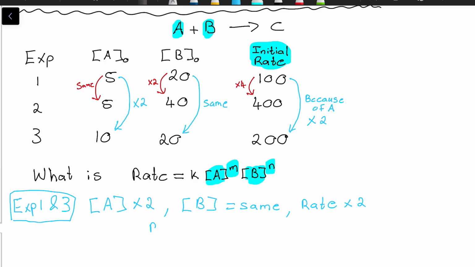That means the rate and the concentration of A, or the reactant A, has a 1-to-1 relationship. So meaning if I double the one, the other one doubles. If I triple the one, the other one will triple. Whatever I do with the one, exactly the same happens to the other one.